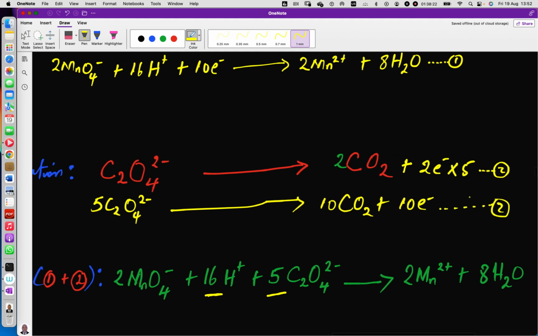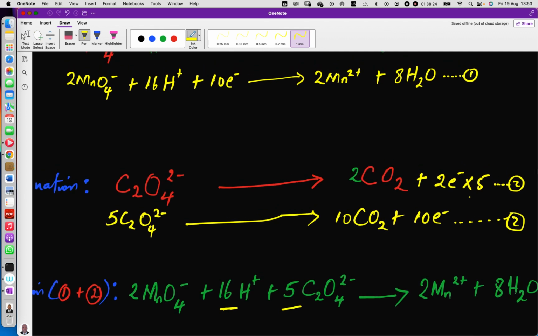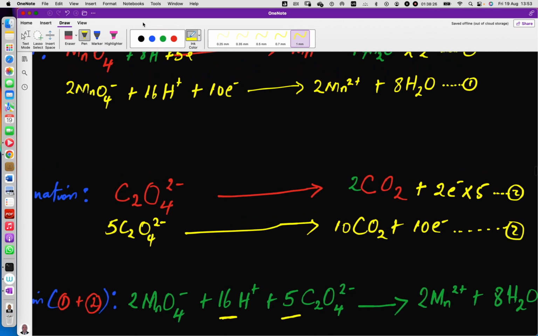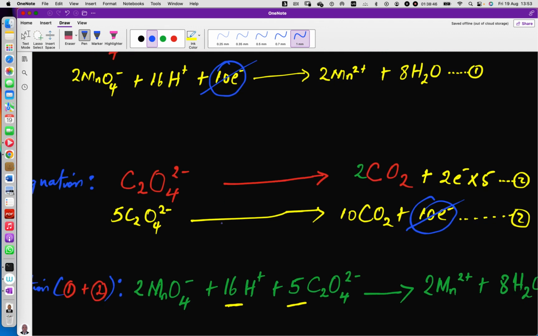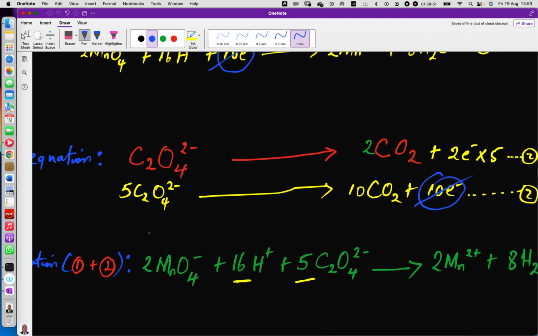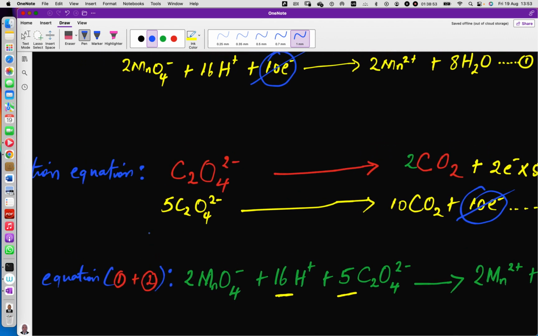Now we want to have our total. Let's cancel out our electrons. The 10 electrons in equation 1 cancel out the other 10 electrons in equation 2. Now we write our full equation, equation 1 plus equation 2.